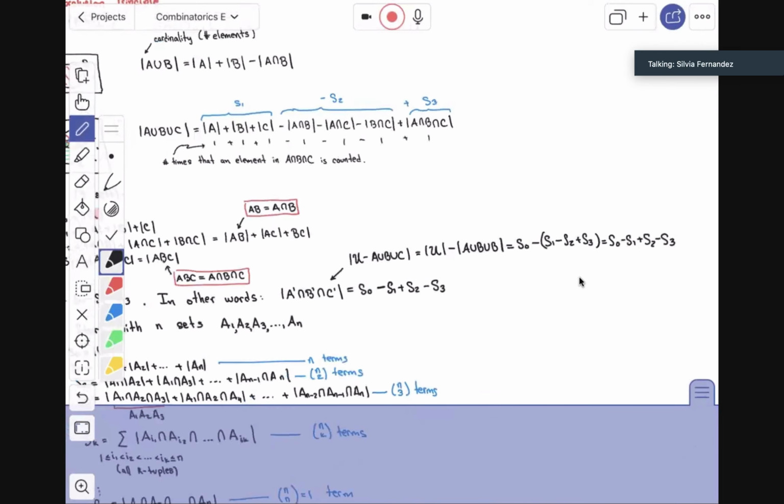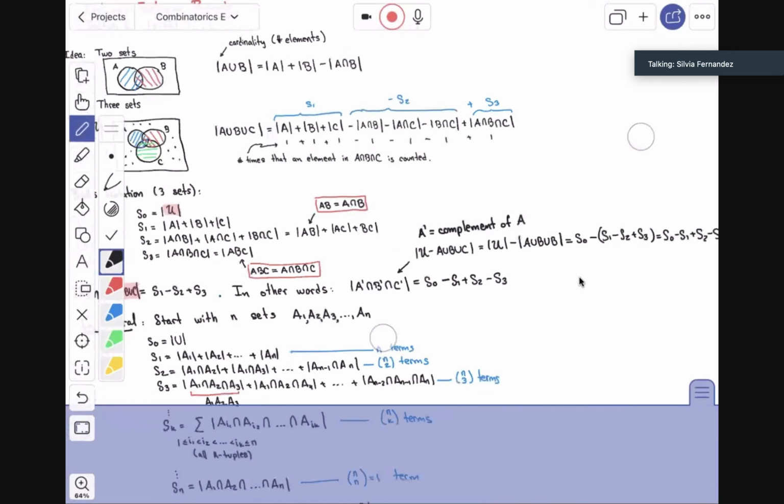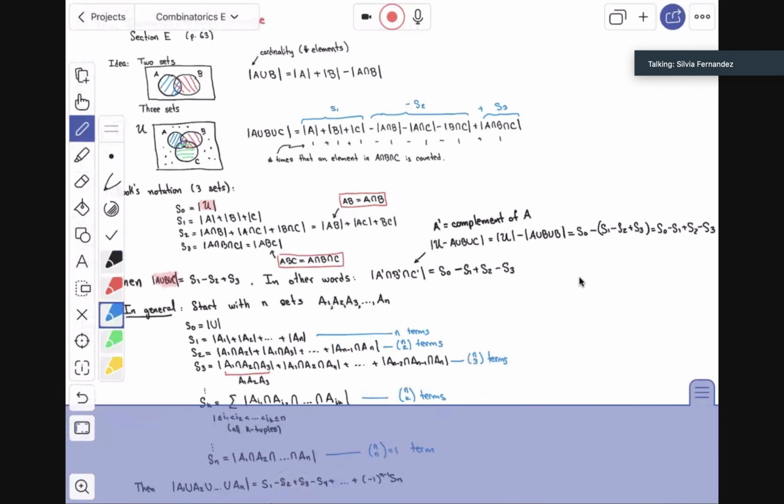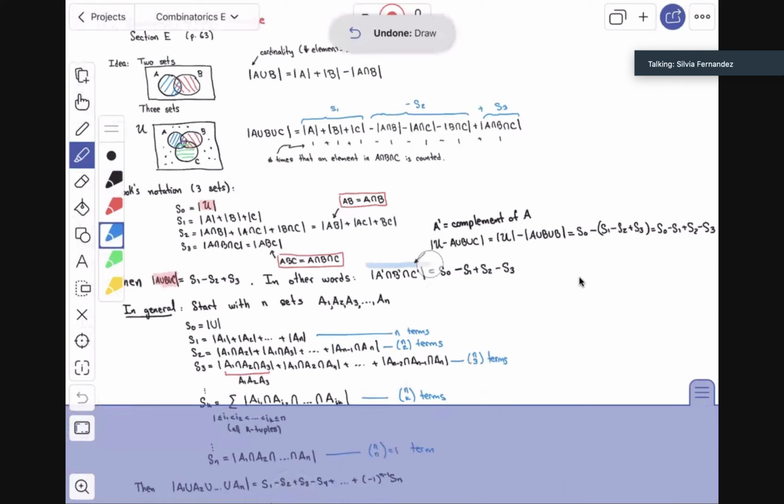So, and again, A prime is just the complement of A. Everything that's not in A. You see? So this is an alternate way. This is the typical way of writing the inclusion-exclusion principle.